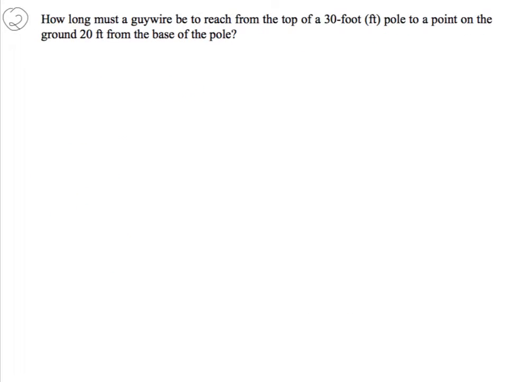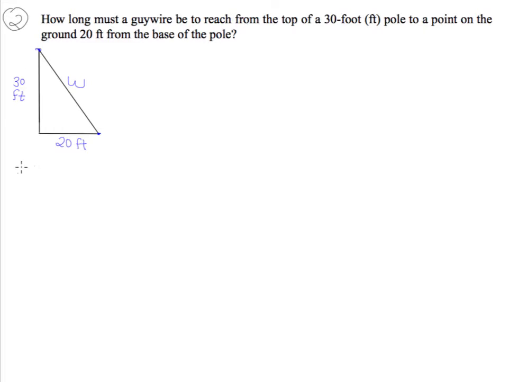After reading example 2, we're going to start by drawing our diagram. So I need to have a 30-foot pole, and then attached to the top of the pole, down to a point 20 feet from the base of the pole, is my guy wire, which I'll label as W for wire.